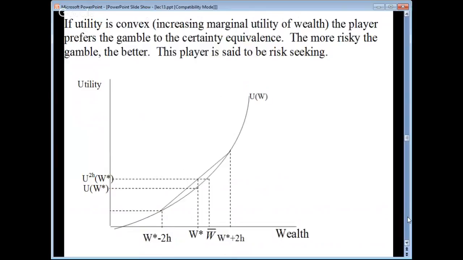Okay. The next example is somebody who's risk loving. This guy has a convex utility, increasing marginal utility as well. He prefers the gamble. So if he has that gamble, he either wins 2H or loses 2H, or the certainty, W star.